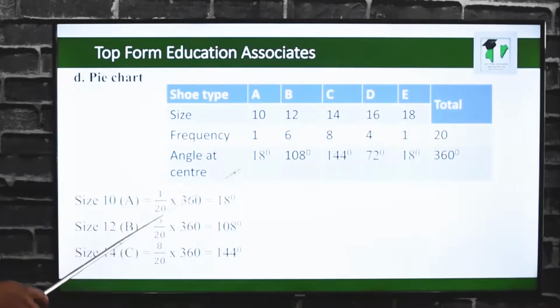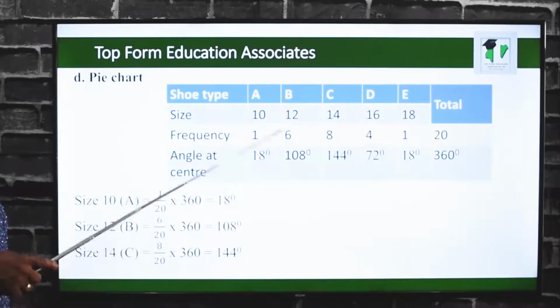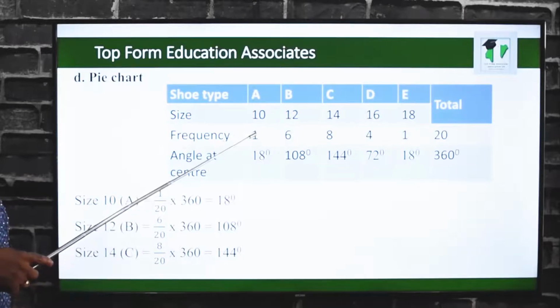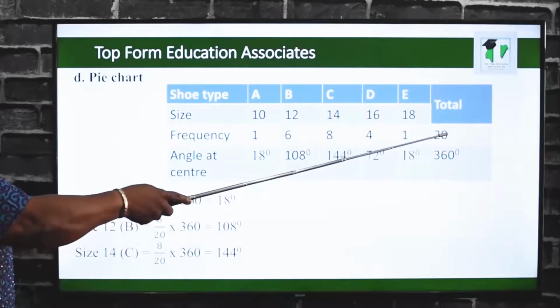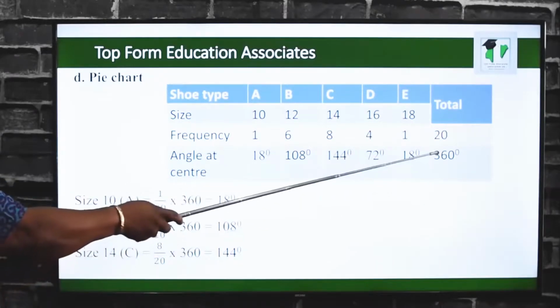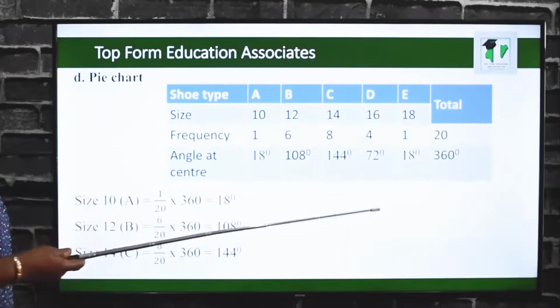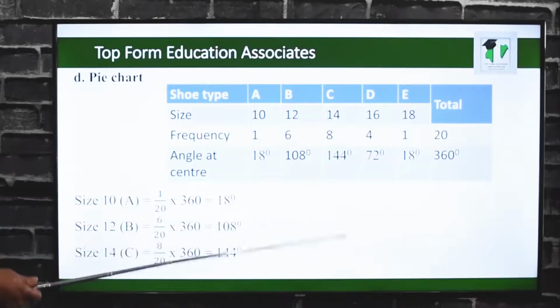Then we find the angles at the center. And recall, to find the sector or the angle at the center, it is the frequency of each data over the total, in this case 20, times 360 over 1, which is the sum of the angles in a circle.